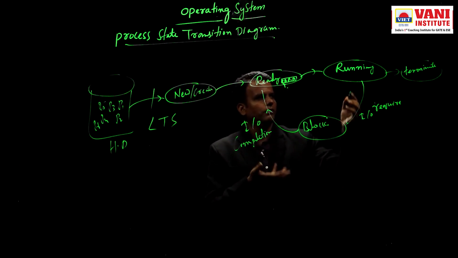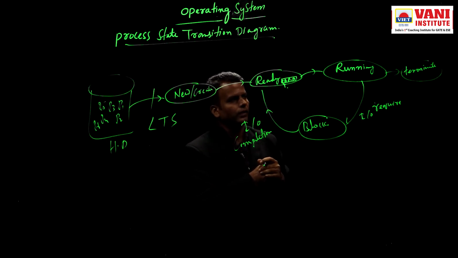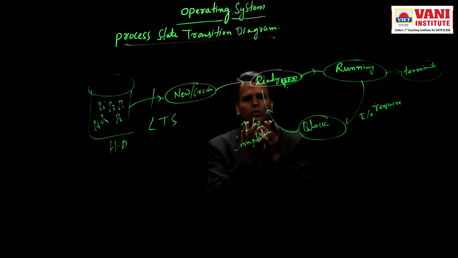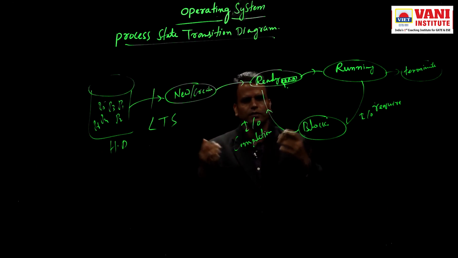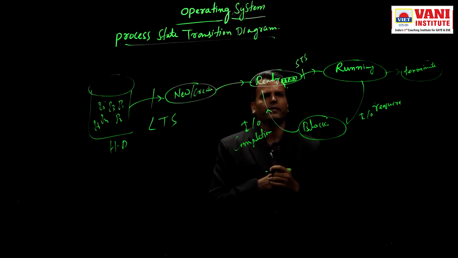But the CPU is only 1. The running state is the CPU, but there is only one. Who will go? This decision is made by the short-term scheduler, STS, using different CPU scheduling techniques.